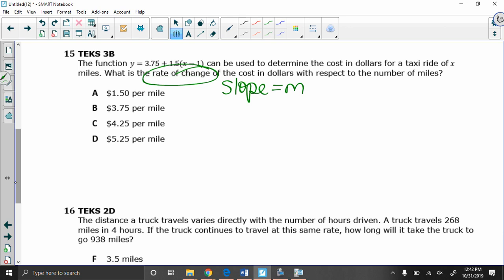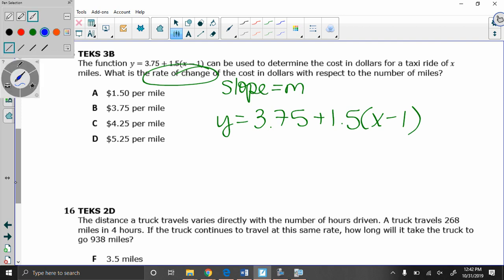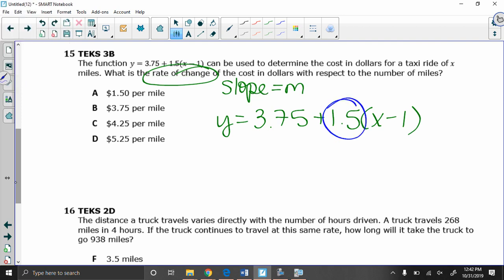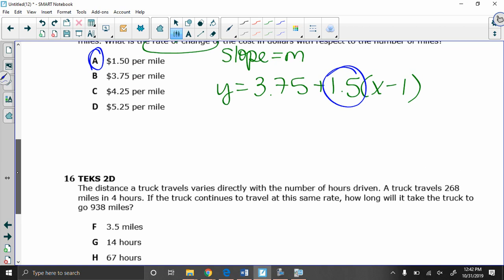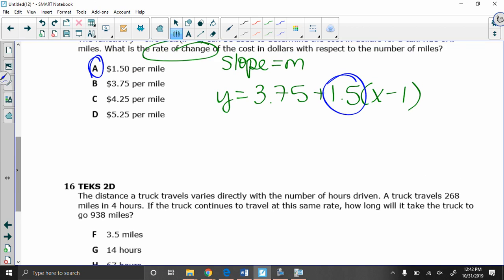So if slope comes before the parentheses, based on this equation, my slope would be 1.5, which is A. So if you've got an equation that has parentheses in it, your slope is in front of it. So slope is always in front of parentheses, given these types of equations.